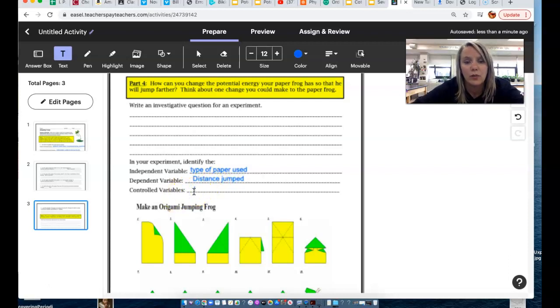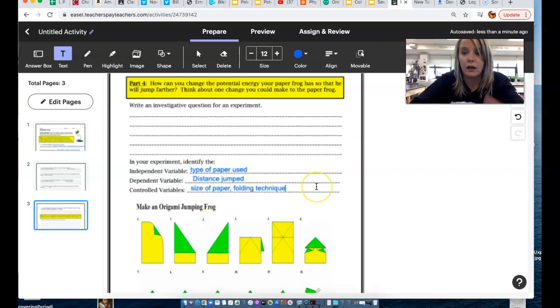And the controlled variables, well, if you're really truly doing a good experiment and comparing two different frogs with just different materials, then the one thing that should really stay the same, if you're trying to figure out, is it the material that's making it jump further? One of the things that should stay the same is the size of the paper, right? Size of the paper, folding technique, right?